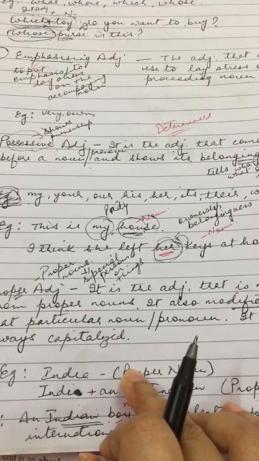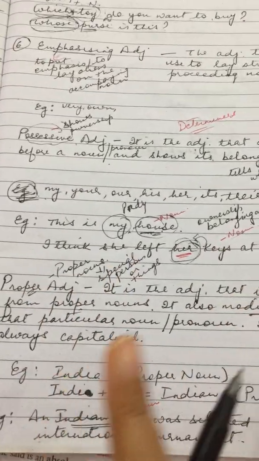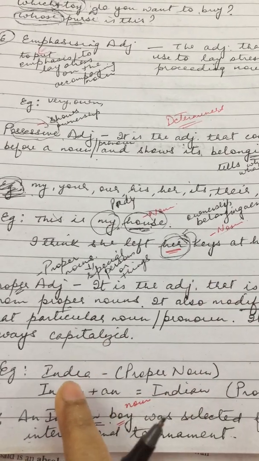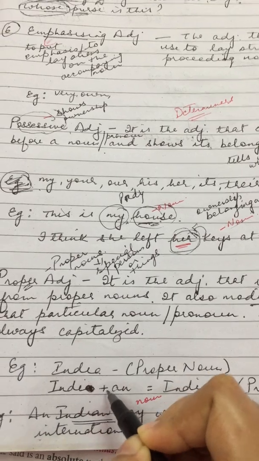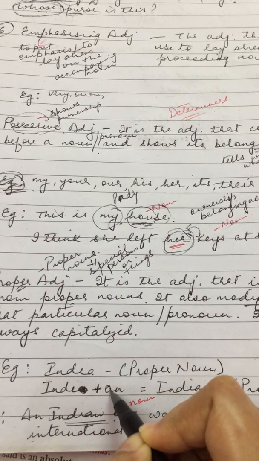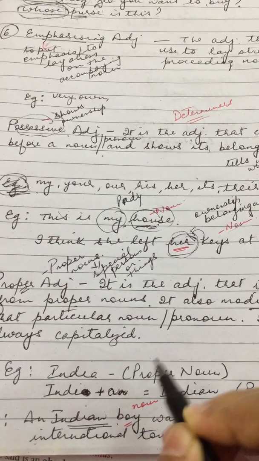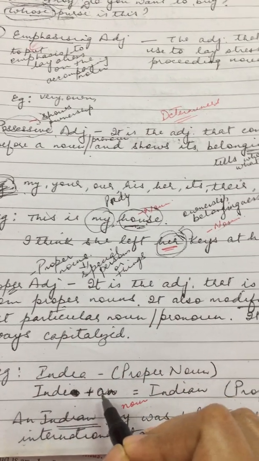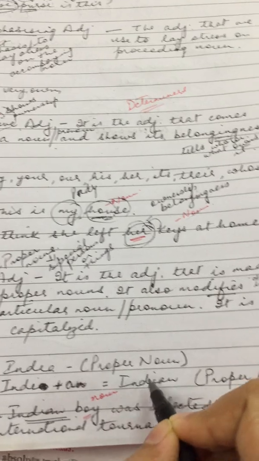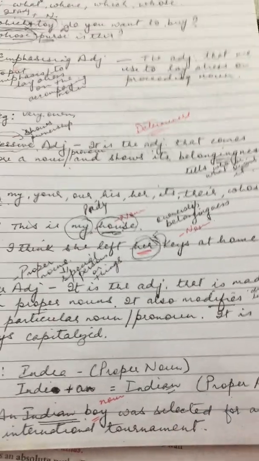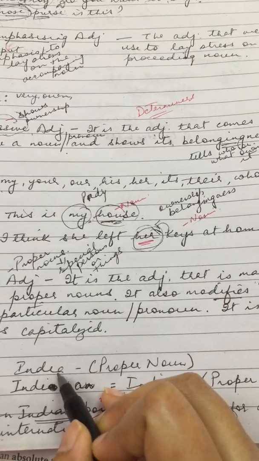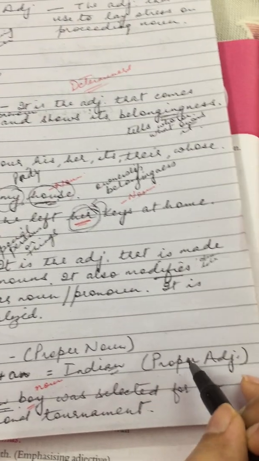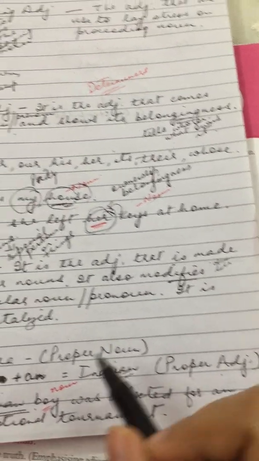India is a proper noun because there is no other India in the world. There is only one India. Now when we add a suffix to it, a suffix is a letter added at the end of the word, Indi plus an, it becomes Indian. And Indian comes from the proper noun India. So when it becomes Indian, it becomes a proper adjective.